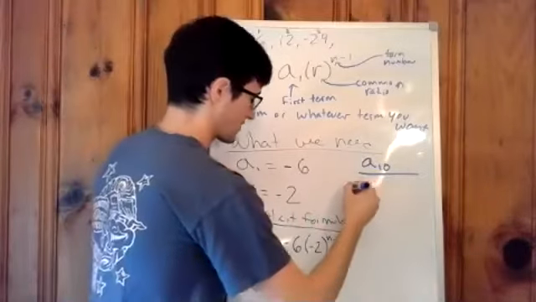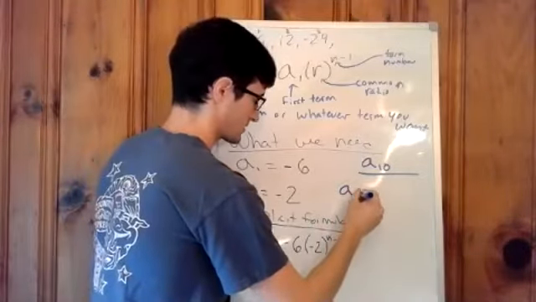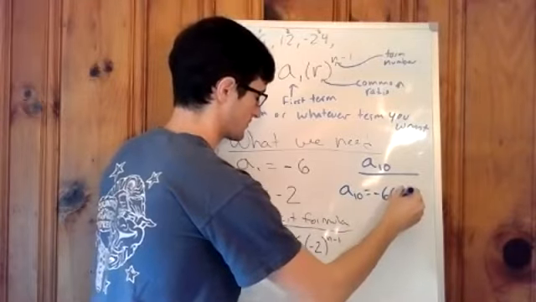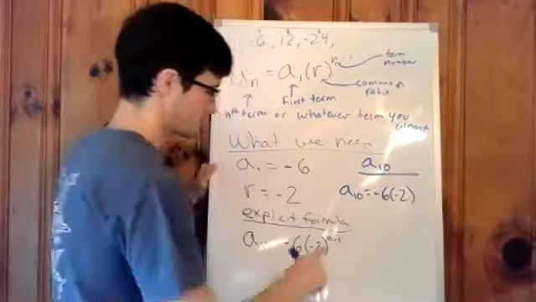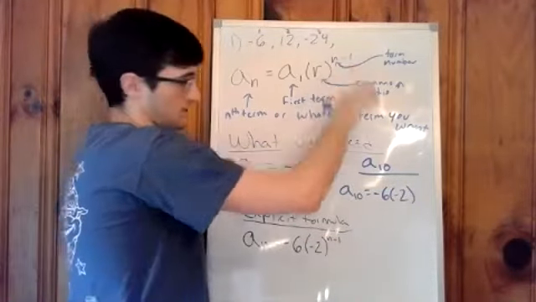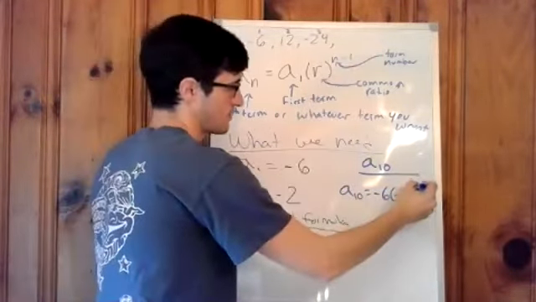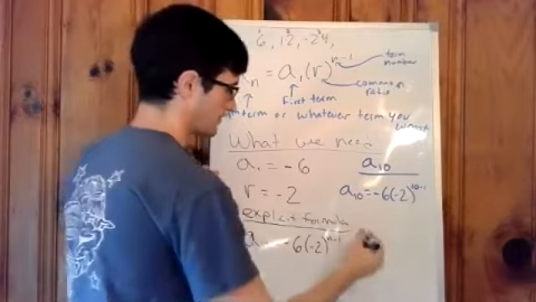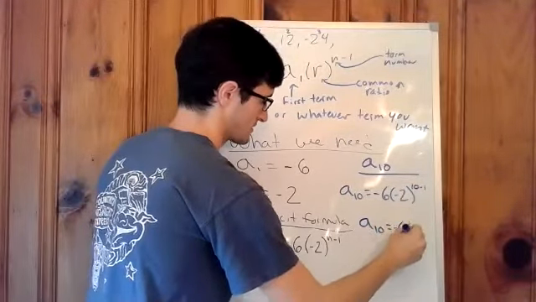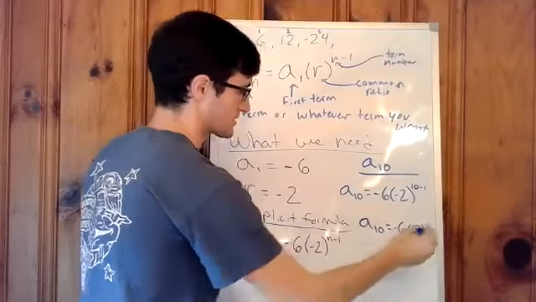So we have a -6. Use the formula we just built. And notice there's an n up here. That's where our 10 is going to go. Remember, it's 10 minus 1. So let's fill it all back out. So a10 is -6, -2, to the 10 minus 1, which is going to be 9.